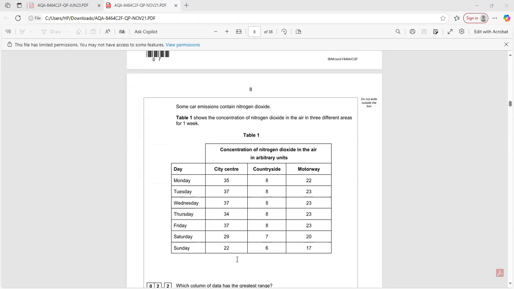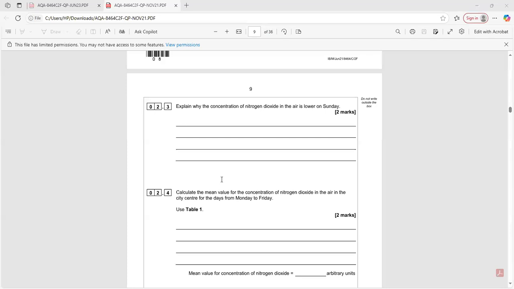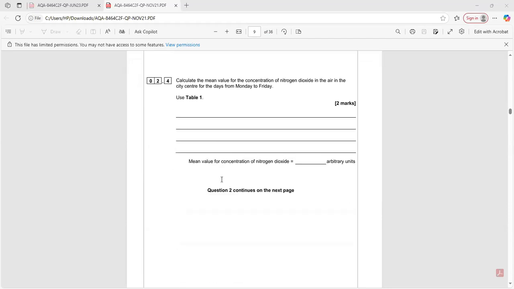After adding them up, you now divide by 7. Okay, please don't forget, mean is simply adding things up and dividing by the number of those things that you added up.